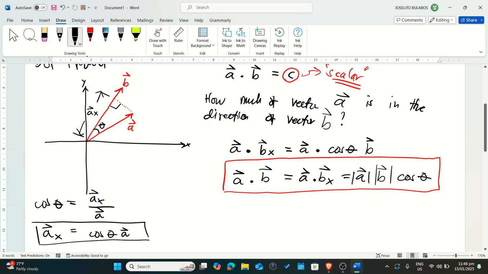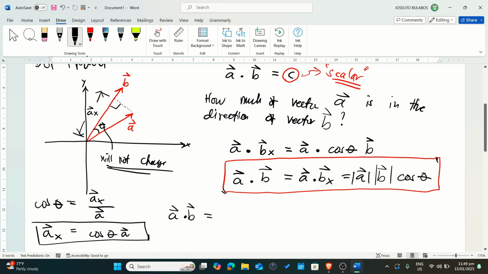Now, by the same principle, this angle will not change, so it remains the same. That is why regardless of which reference point you choose, this will not change, and the equation will still remain the same. So, A dot B, we now use Ax instead of Bx.